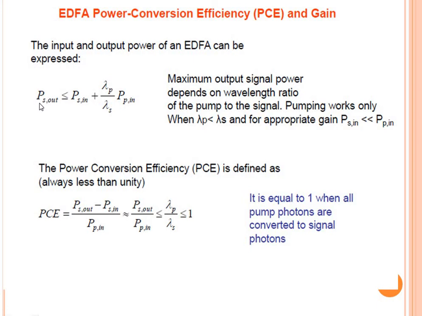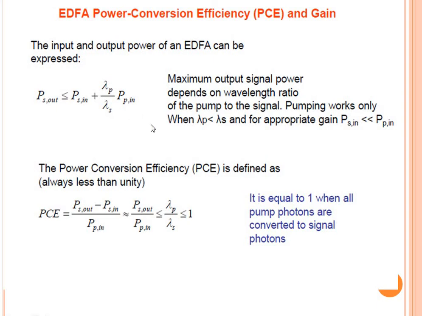So the signal output power must be less than or equal to the input signal power plus lambda p by lambda s into the input pump power. Here lambda p is the pump wavelength and lambda s is the signal wavelength.